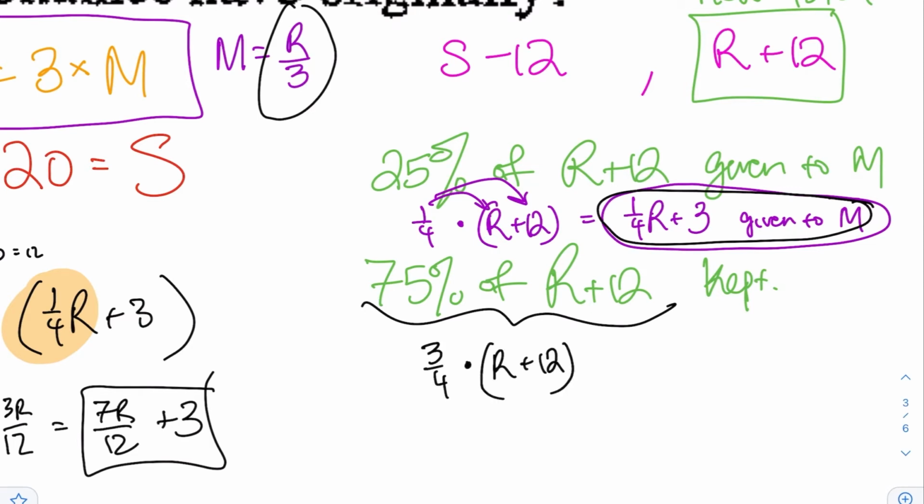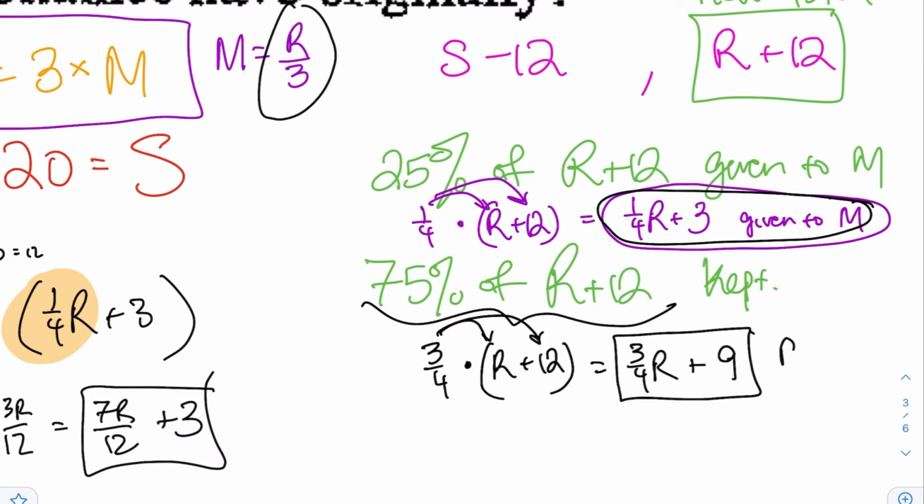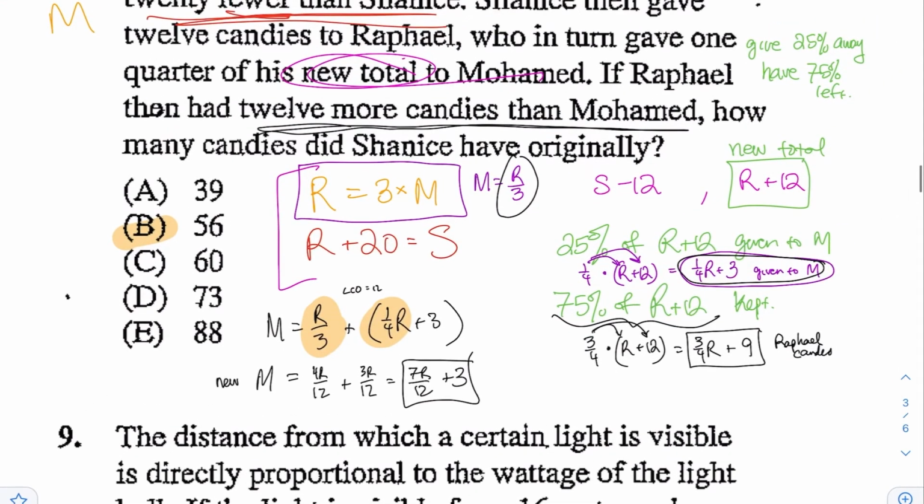To multiply by R plus 12, you distribute here, and that will give you 3/4 of R, and 3/4 of 12 is equal to 9. And this is the amount of candies that Raphael had now. And we know that this number is only 12 more than Muhammad.